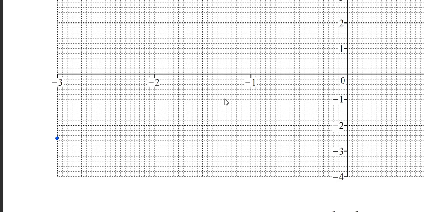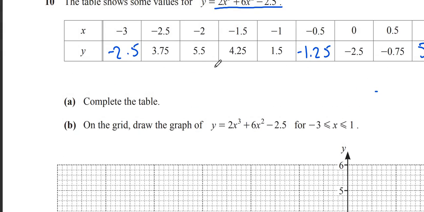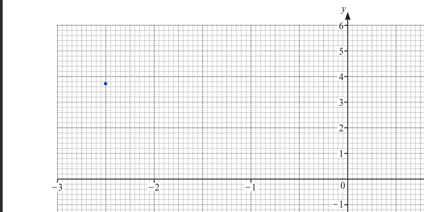When x is negative 2.5, y is 3.75, somewhere here. All right. Then we have when negative 2, 5.5. Okay, at negative 2, 5.5. 5.2, 5.4, 5.5.